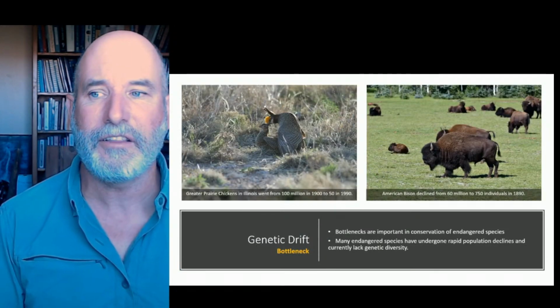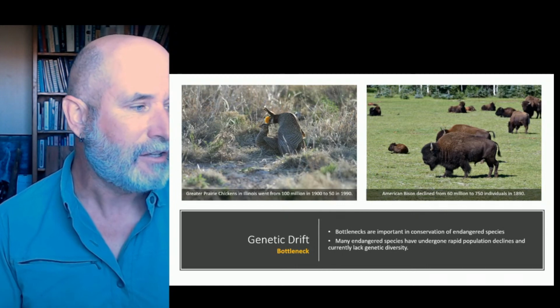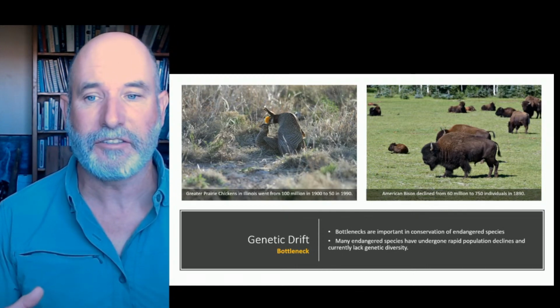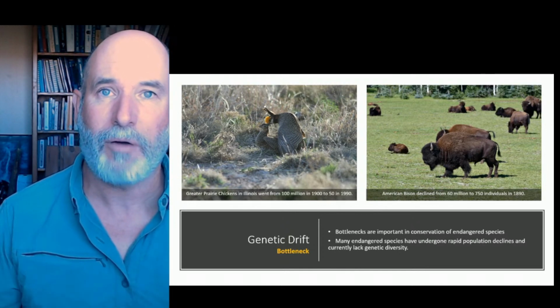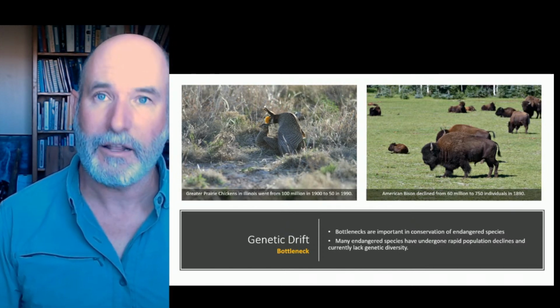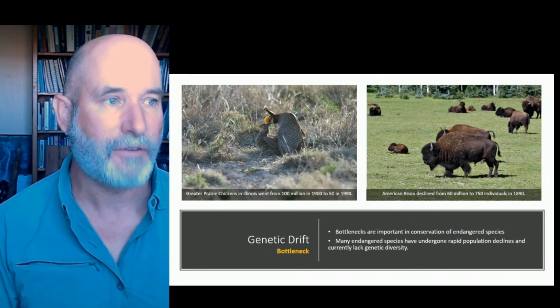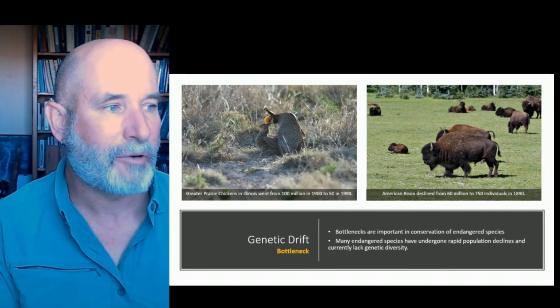We see this in the conservation of endangered species, because an endangered species might have less genetic variability than the historical populations, which hampers their ability to respond to the environment. I'm showing prairie chickens.